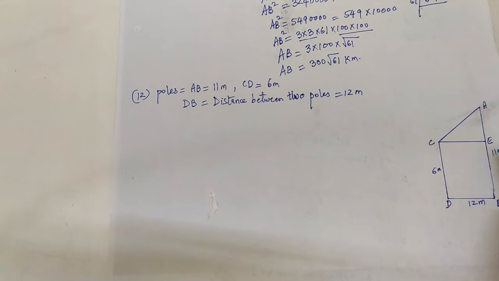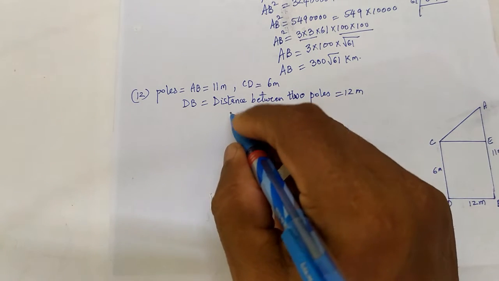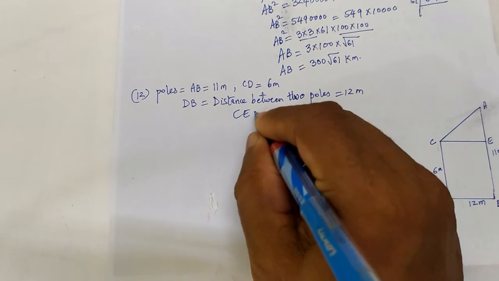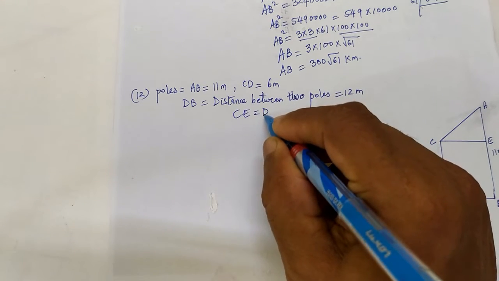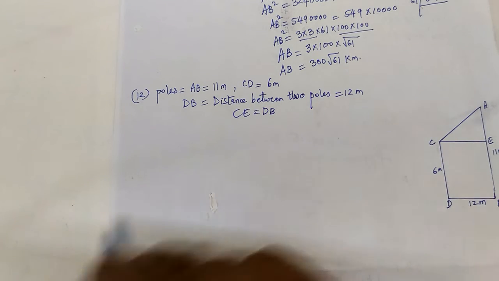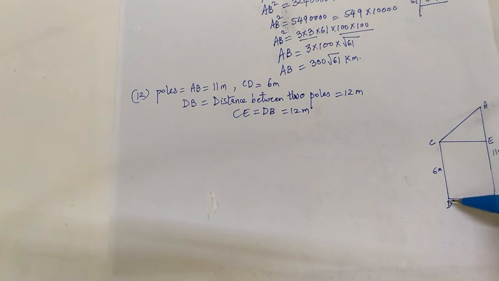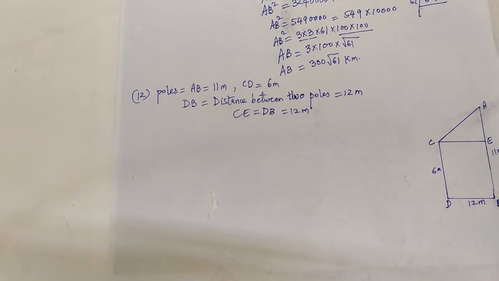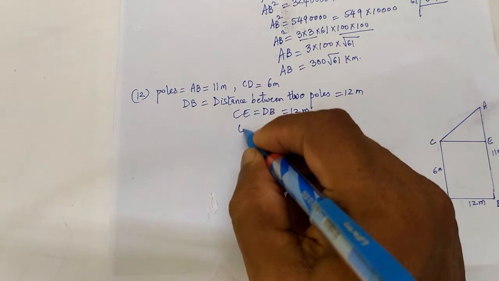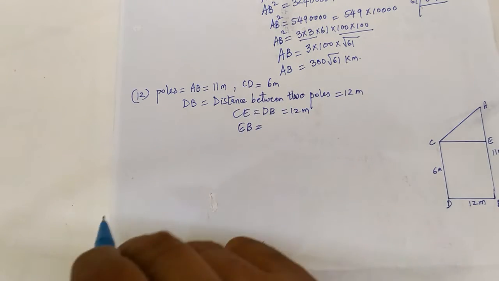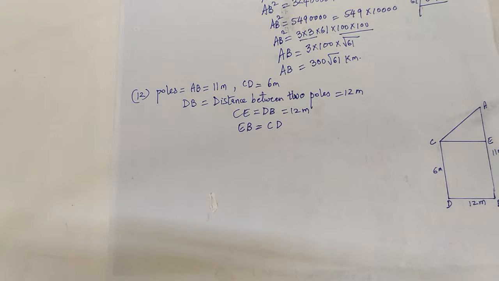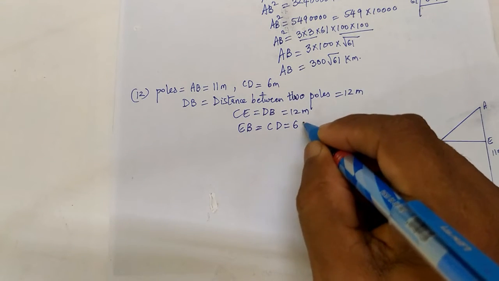When we draw the perpendicular, CE is equal to DB, because these are parallel poles. So CE is DB, so that will be 12 meters. And if this is 6 meters, then EB will also be 6 meters. EB will be equal to CD, that is 6 meters.